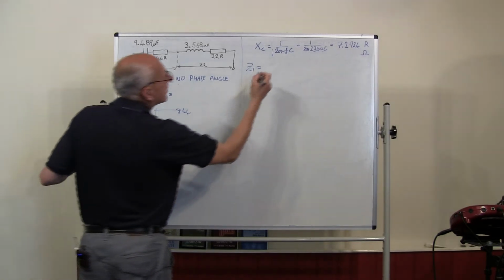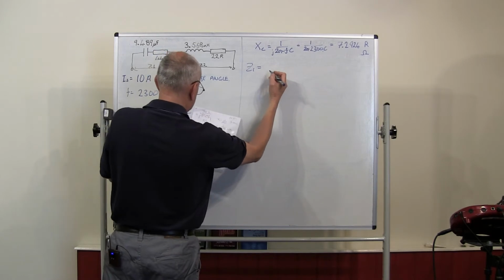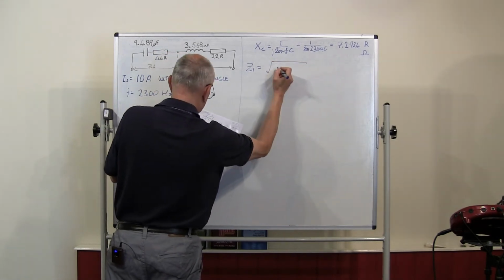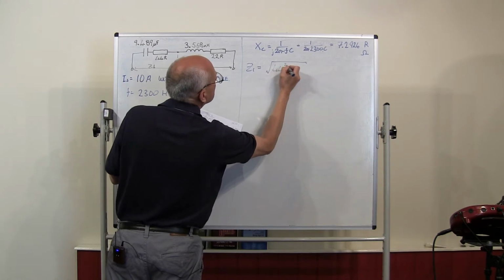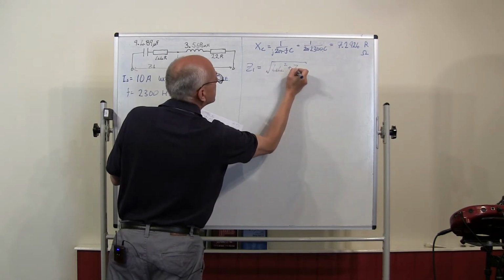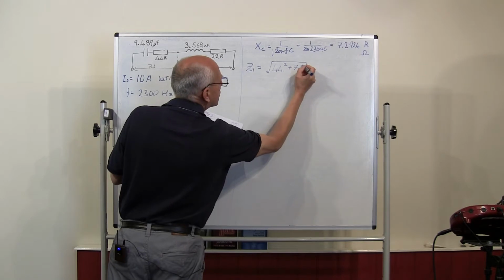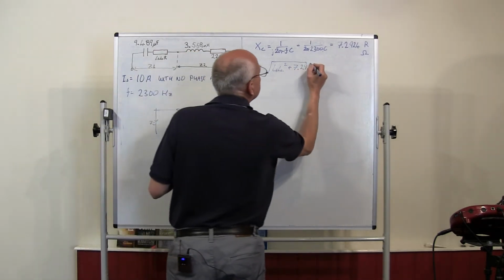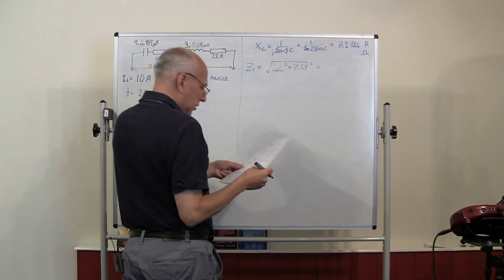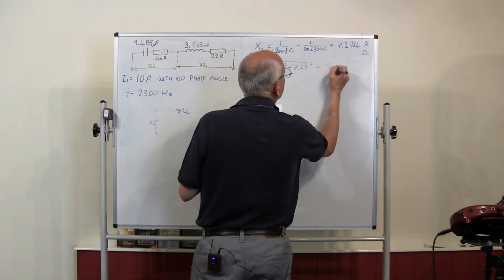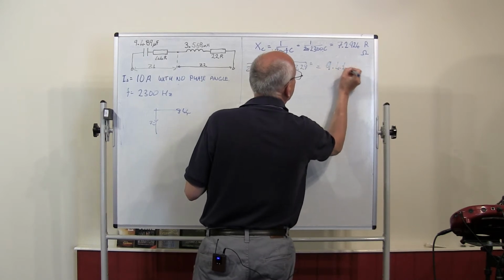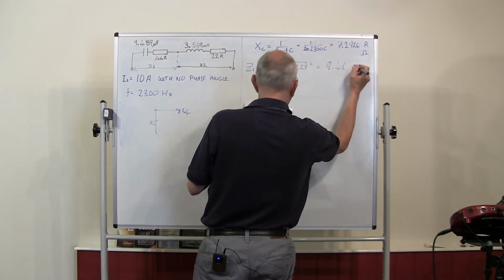Okay, so the answer to that is going to be, using Pythagoras, 44 squared plus 7.2, I'm going to shorten that to 9 squared, and that gives me an answer of 9.41 ohms.